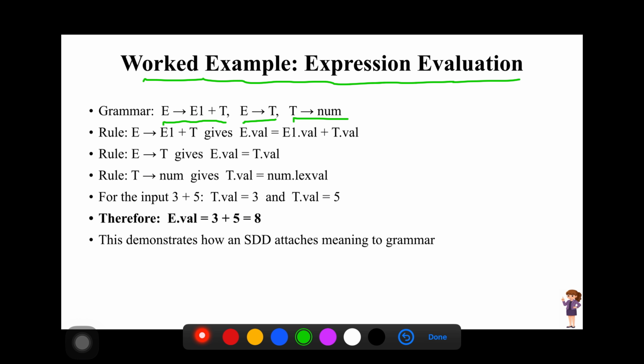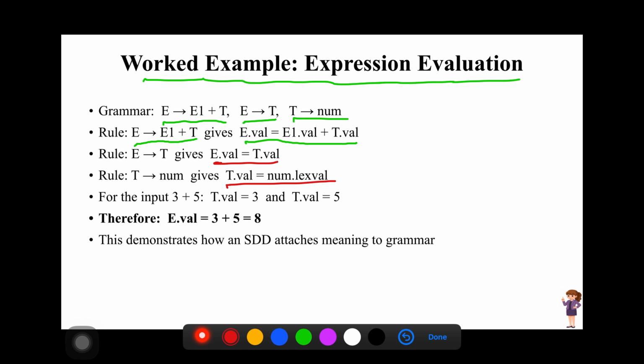We associate an attribute called val with E and T. The semantic rules are E.val equals E1.val plus T.val, E.val equals T.val, and T.val equals num.lexval. I hope you guys understood.